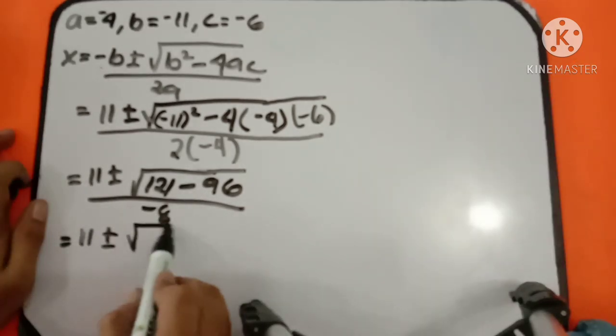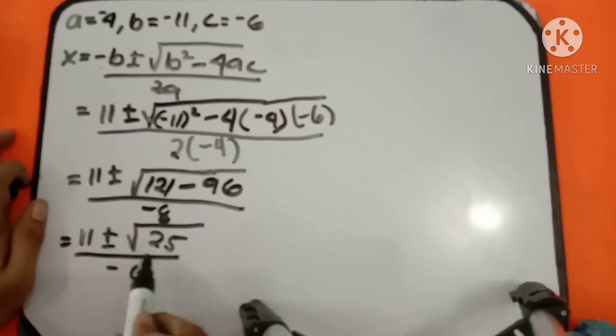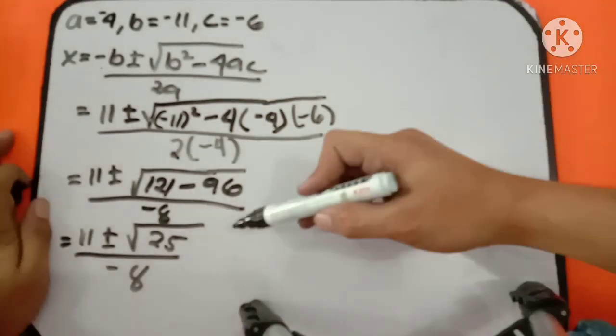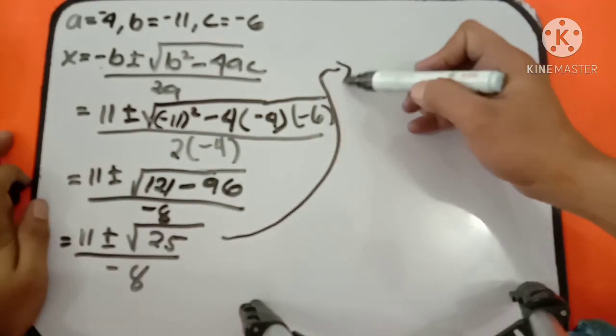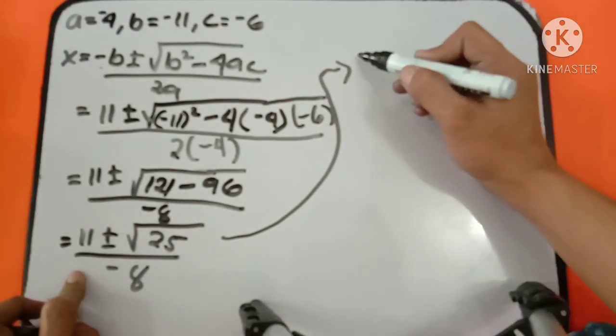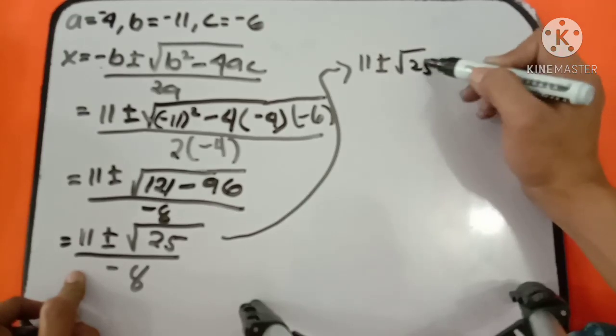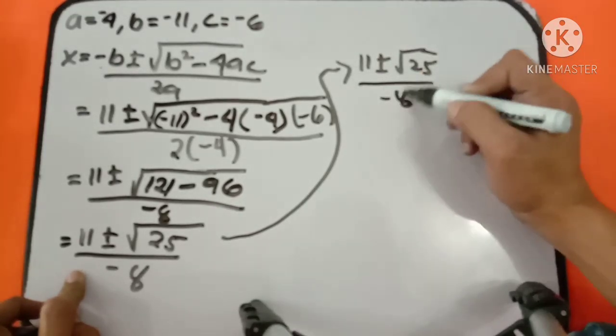So we have here square root of 25 all over negative 8. Then I will continue the process into this portion. So we have here 11, positive, negative, the square root of 25 all over negative 8.